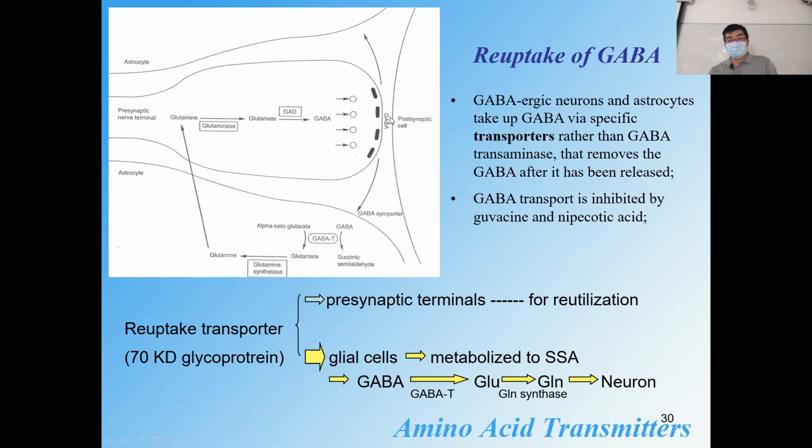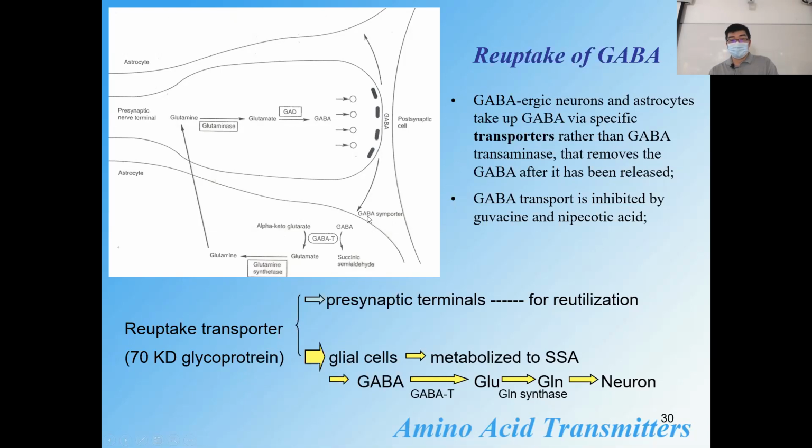After release, there is the reuptake transporter. You can see that either you can go back to the neuron that can be reused again, or a lot of those are actually taken care of by the astrocyte.